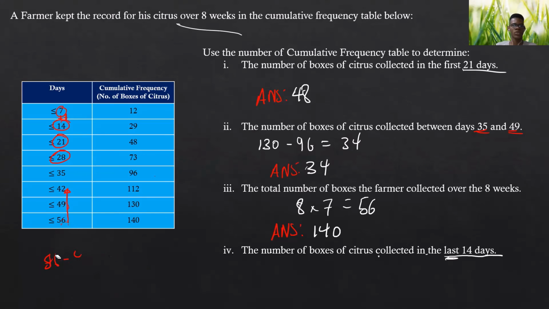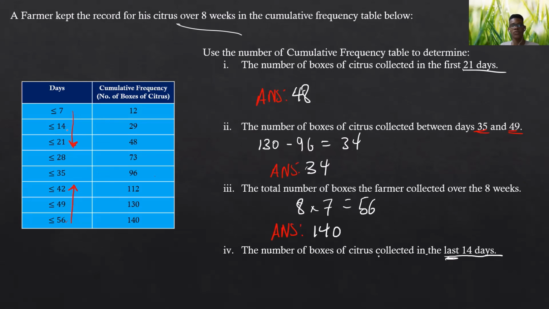And the reason why you're looking at these last values is because these are the last days, right? You're not going to look at 14 because 14 here is the first 14 days. The last 14 days would be coming from the 56. The first 14 days would go from here to 21.